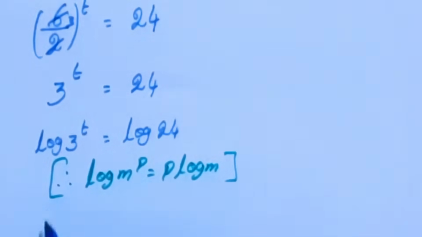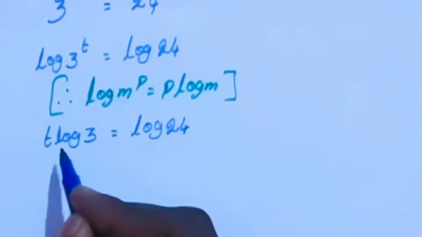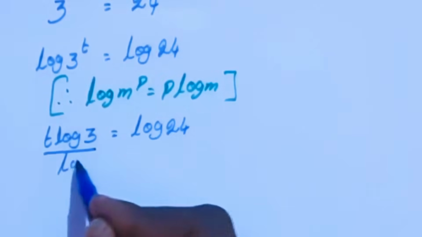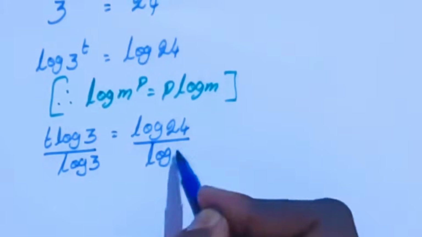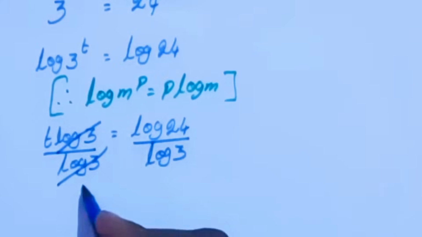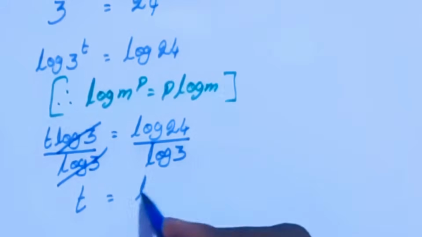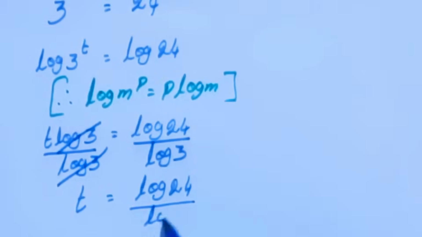So we'll get t log 3 equal to log 24. Now we are going to divide by log 3 on both sides. Log 3 here, here log 3. Now this log 3 cancels this, so we have t equal to log 24 by log 3.